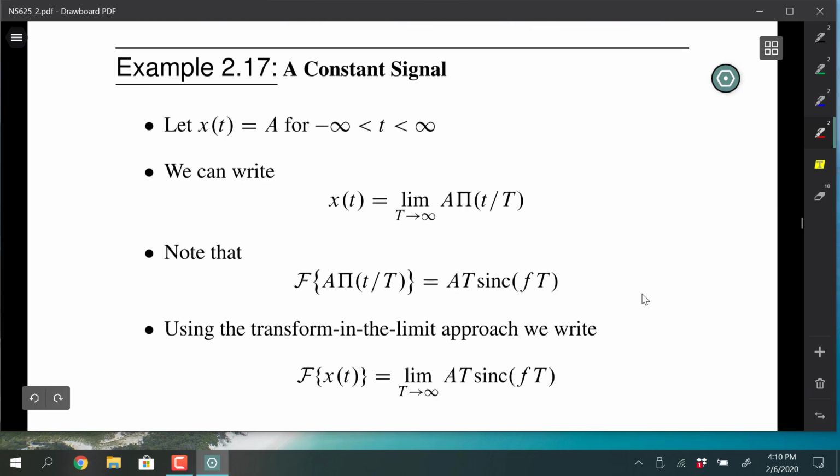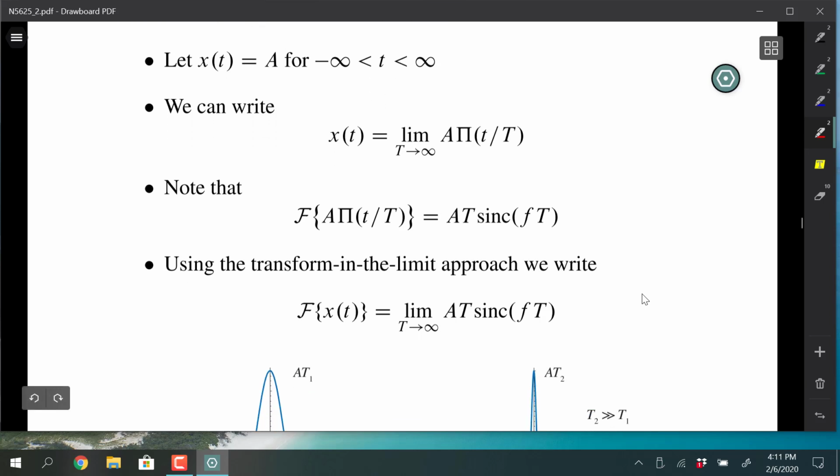So to get into this, we just move in with some simple examples and then ramp things up quickly. The first example is just considering a constant signal, just a DC voltage, say A. It's always on, let's say. And we could write that waveform as the limit as T goes to infinity of A Π(t/T), where T is capital T. So it's just going to be something that gets wider and wider as the limit goes to infinity, and then it will look like the constant signal.